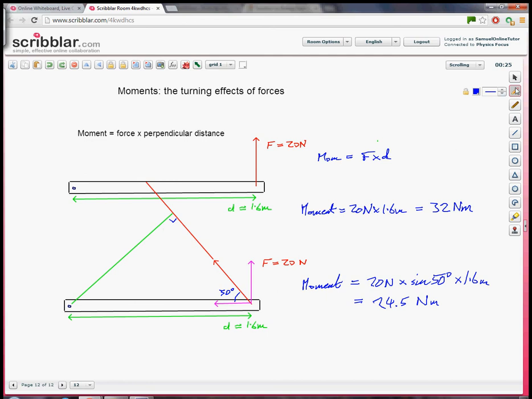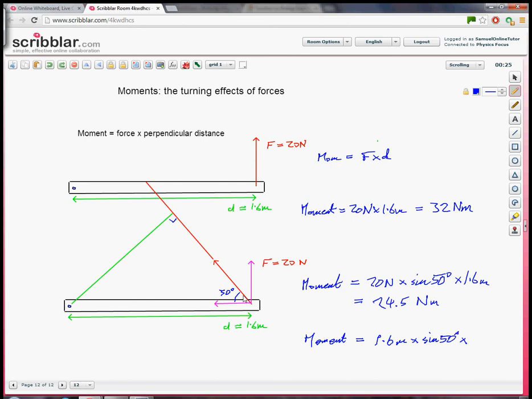So, the moment now is that distance, that green distance, which is 1.6 meters times sine of 50 degrees to give us the opposite side of that triangle. So that's 1.6 meters times sine 50 degrees. That's the distance multiplied by this force, which is 20 newtons.